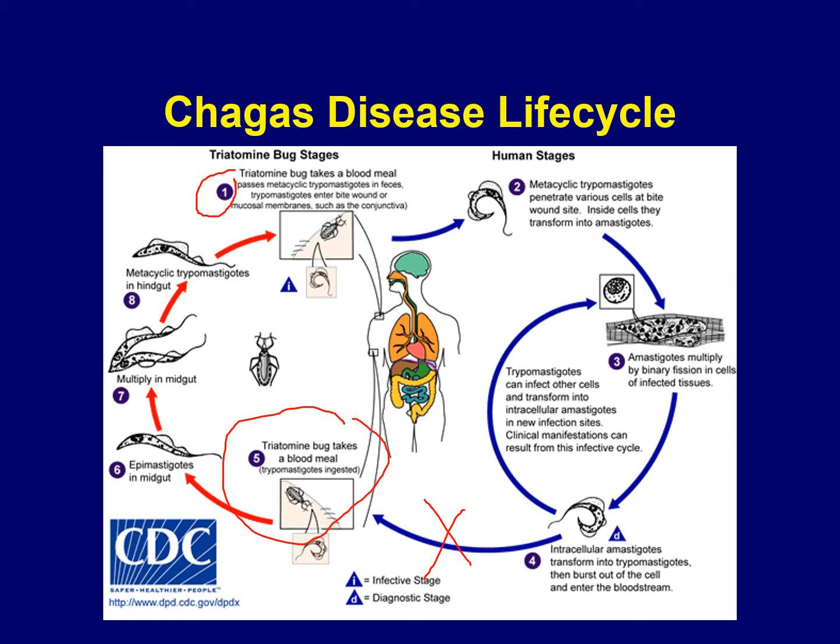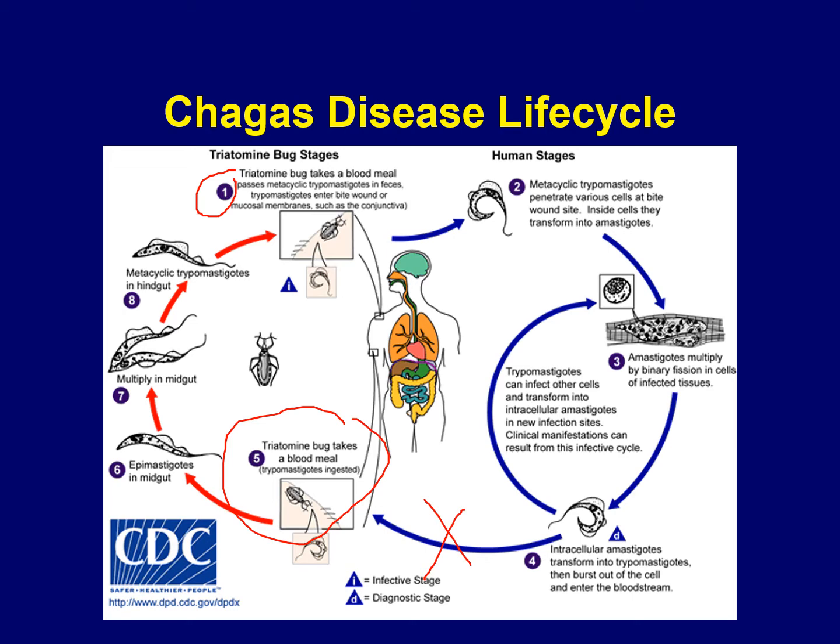And even if a triatomine bug takes a blood meal from these people, it doesn't have parasite to then infect other people with. So that's one potential option there. And really a big benefit of treatment is that reducing the amount of people with parasites in their blood prevents transmission.